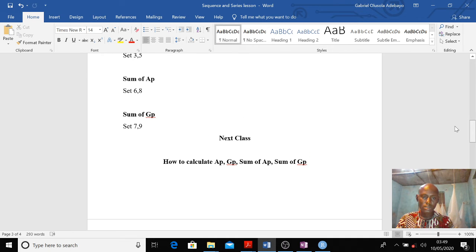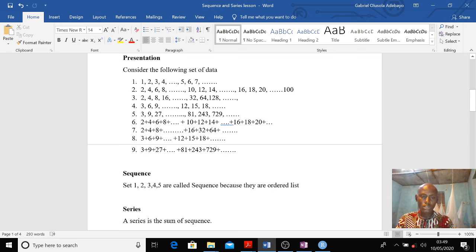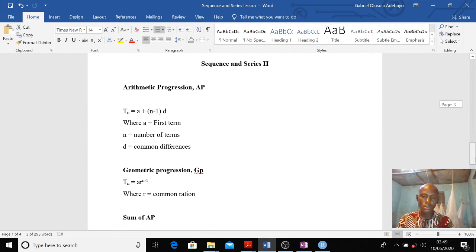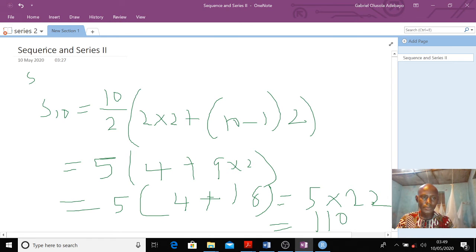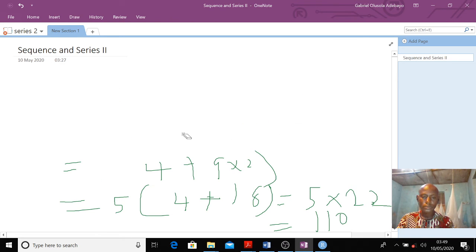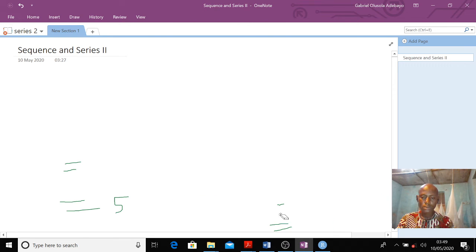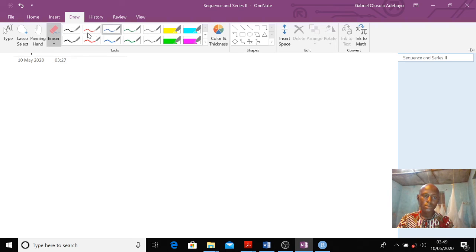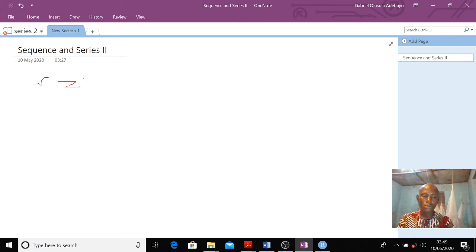For this case, when we use this question 7, we can easily observe that our r is 2. r is equal to 4 divided by 2, which is 2, greater than 1.